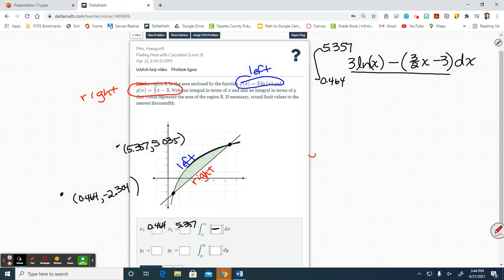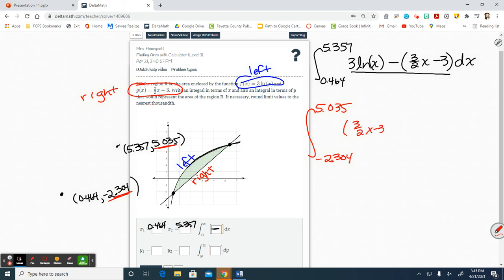So now when I set up my integral, instead of using x values, I'm going to be using y values. So the lower y value, negative 2.304, to this y value, 5.035.